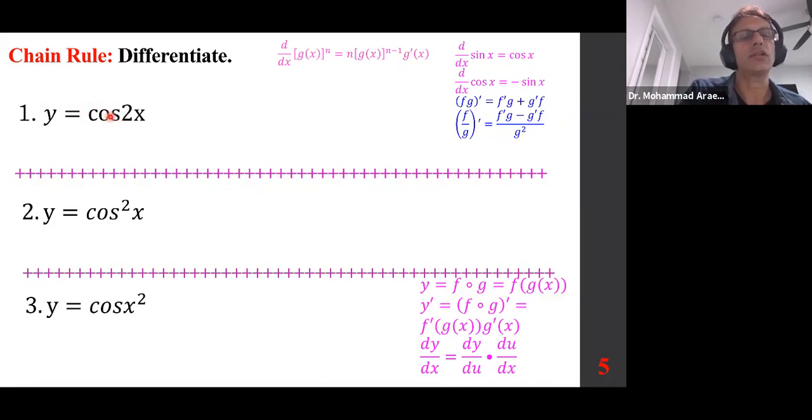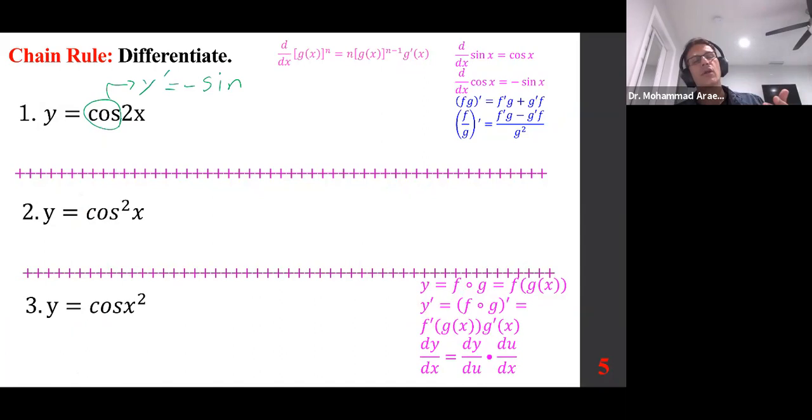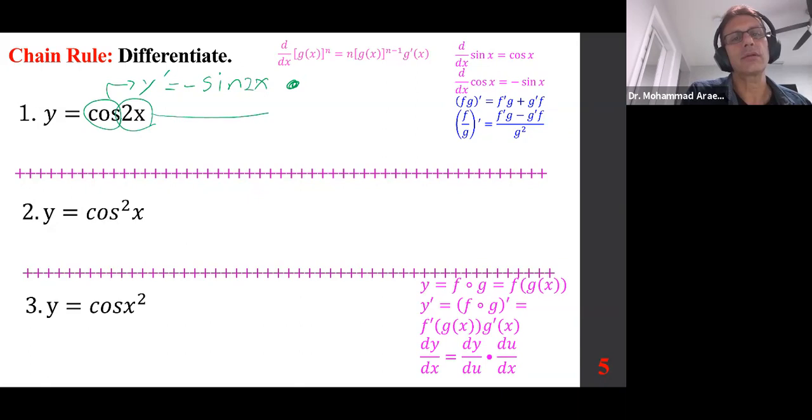So you differentiate the cosine. Let's just do this together. First, understand it's cosine. So y prime is negative sine. But anytime you have a sinusoidal function, you have to write the argument. So you need the argument. And then for 2x, the derivative is 2. This is the chain rule, everybody. This is the chain rule. You just rewrite that.